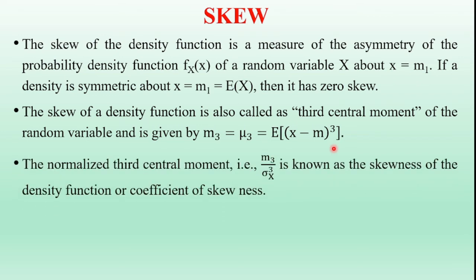The normalized central moment, that is m3 divided by sigma X cube, where m3 is the third central moment, expectation of (X minus m) whole cube, divided by sigma X cube, is known as the skewness of the density function or coefficient of skewness. So this is the definition of the skew and the definition of the coefficient of skewness.